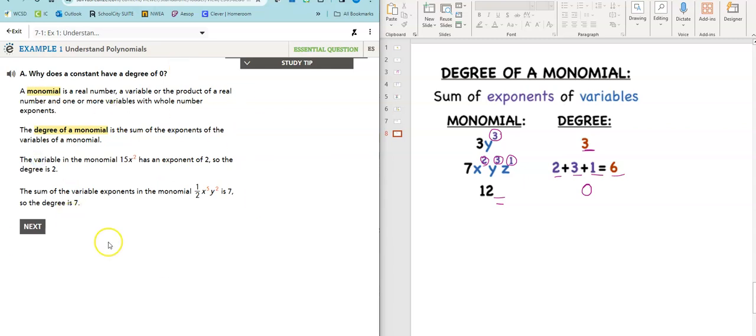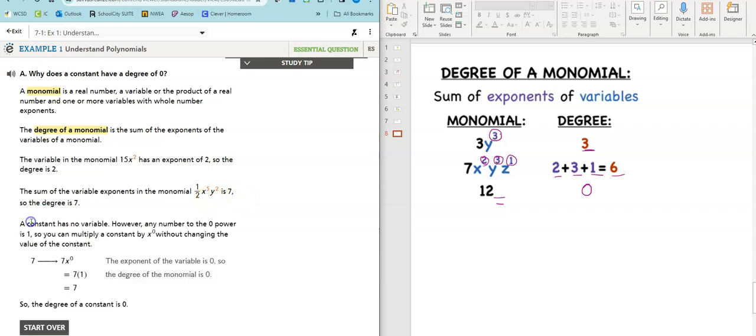And if we take a look over here at this side, it explains the same thing. It shows that the variable in the monomial 15x squared has an exponent of 2, so the degree is 2. Here we have a monomial of 1/2 x to the 5th y to the 2nd. That degree will be 7. So if you have a constant with no variable, there is no degree.